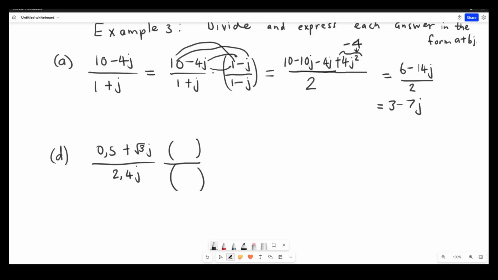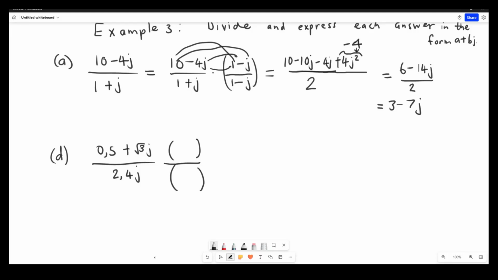What must I multiply with in the denominator and what must I multiply with in the numerator? Okay, the student Emilia. Yes, I just want to know, since in the previous example we were multiplying by 1, but as a conjugate, in this case can't you just use 2.4j?